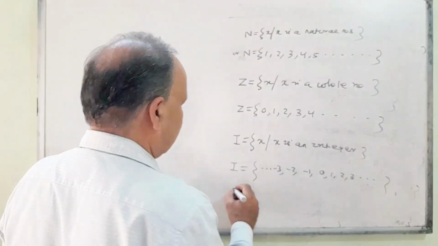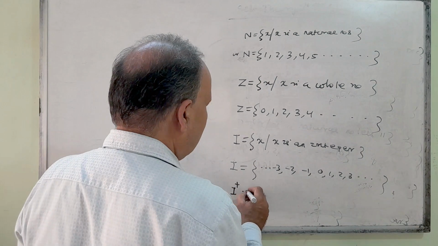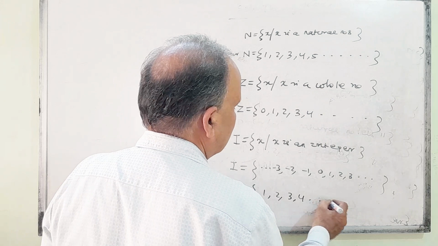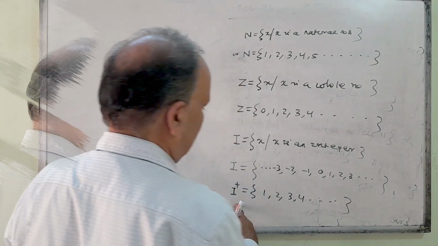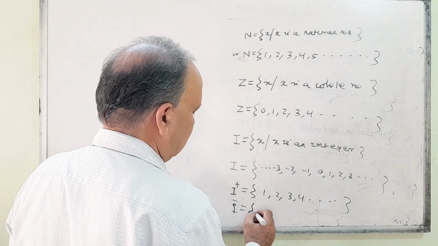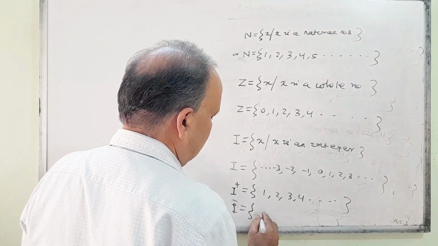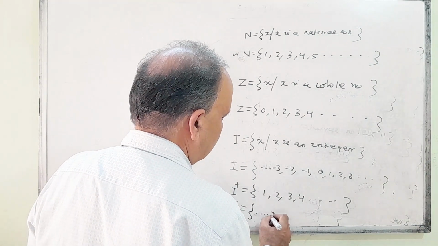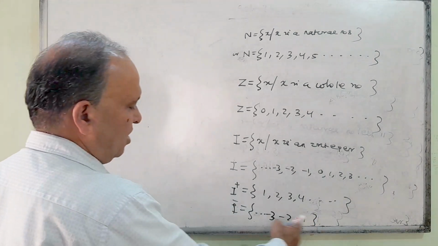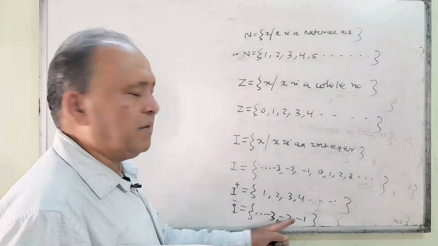You can write it like this: I plus, this is 1, 2, 3, 4, the set of positive integers. I minus, this is dot dot dot, -3, -2, -1, the set of negative integers.